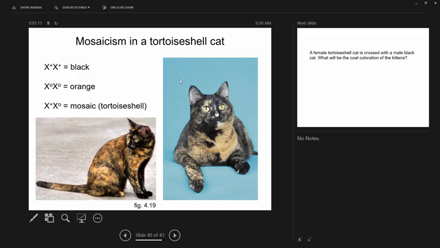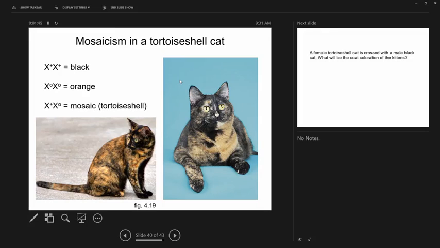Coat color in cats, at least what we're talking about here, is the result of two alleles on the X chromosome. One of them is for black fur, one of them is for orange fur. I would assume that black fur is dominant over orange fur, but it really doesn't matter in this case because these alleles are on the X chromosome.